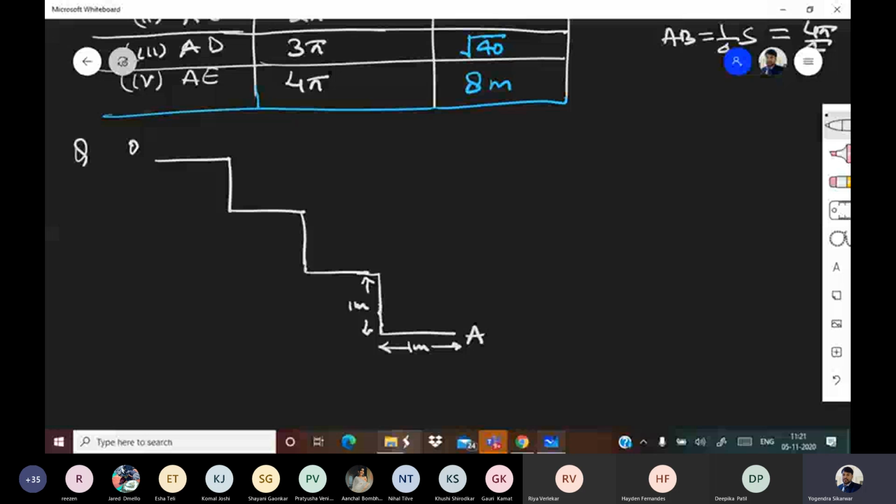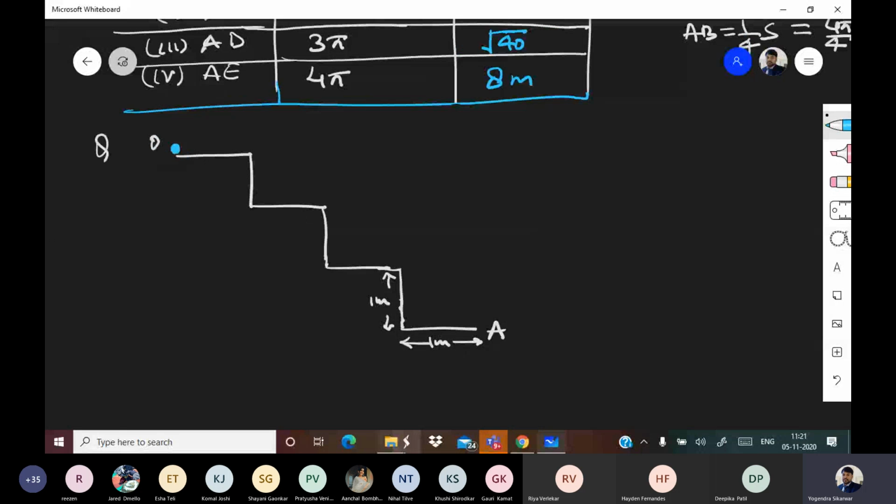A ball has been rolled from O and it reaches point A. Be very clear that it is rolling, it is not bouncing. So a stair has height and width 1 meter for each step.